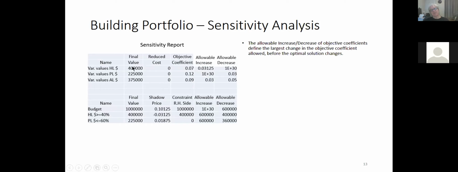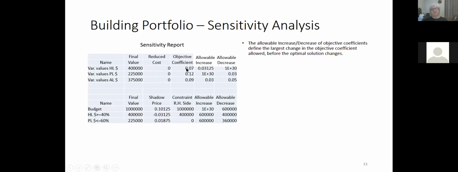And the optimal solution that you see here, this is the resource allocation, the optimal value that you get when you run Excel Solver. So it's copied here. When the rate of return 7% is increasing up to and including 10.125%, this portfolio will remain optimal.